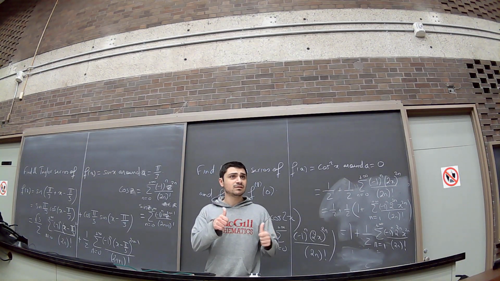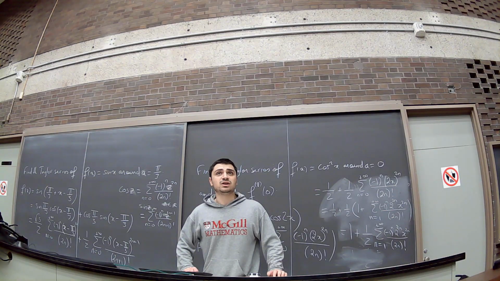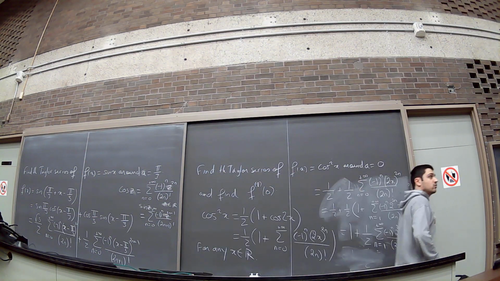Why do I have no degree 1 term? Could you expect that? Because cosine squared is an even function, so you have no odd terms in the power series expansion around 0. Any questions on this?